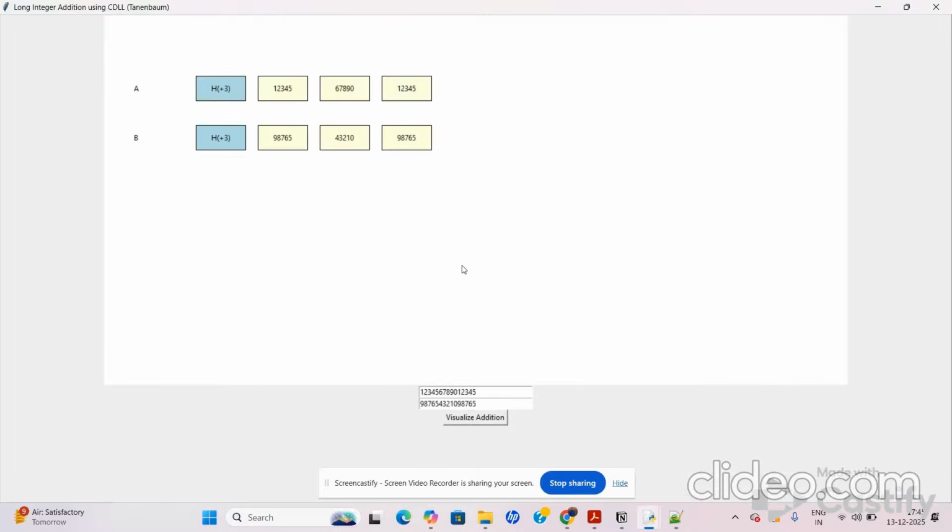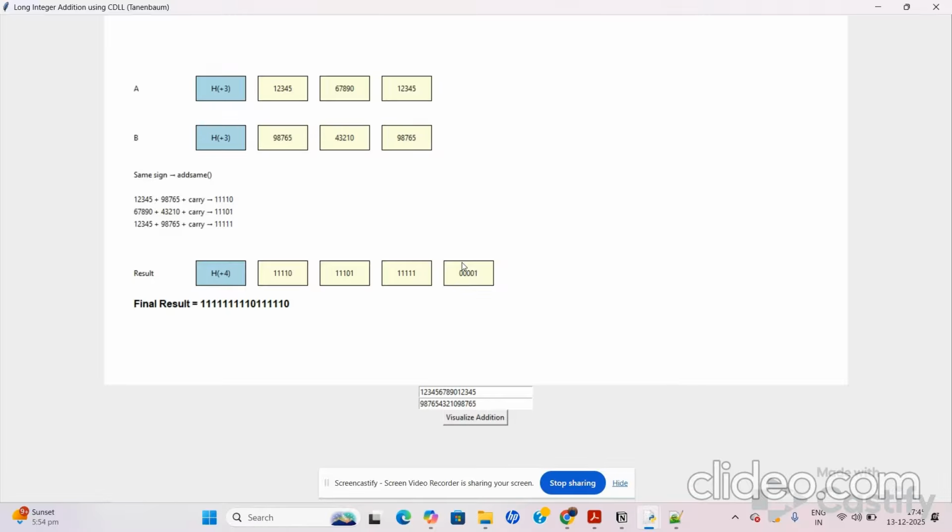You can see that A has 3 nodes and the header node has +3, and the values are stored this way. B also has 3 nodes, and the values are stored this way. Since both of them have the same sign, we call the addsame function, and the values are added node by node and you get the final result.